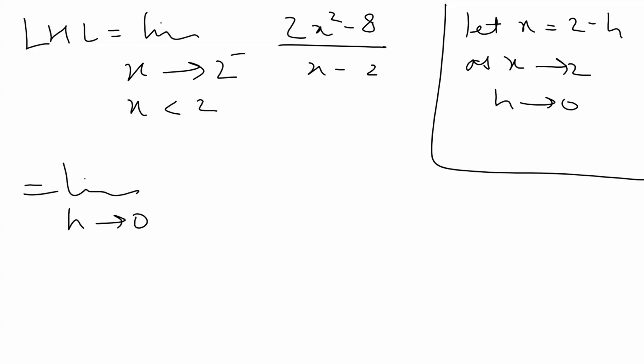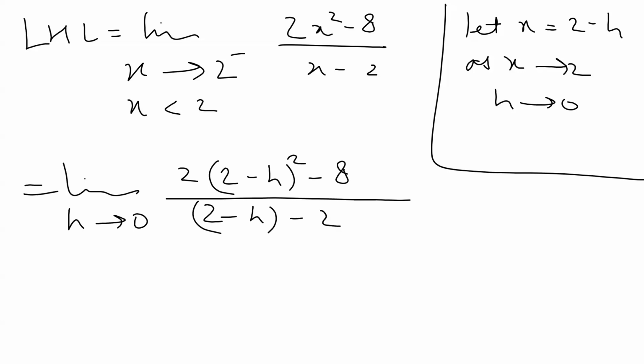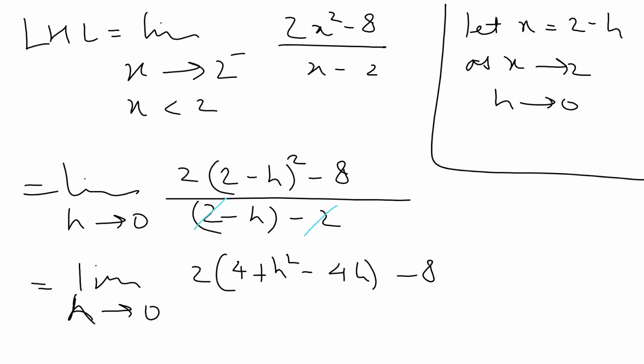So limit h approaching 0, 2 into (2 minus h) the whole square minus 8 upon (2 minus h minus 2). Okay, so this 2 and this 2 is gone. Limit h approaching 0, 2 into (4 plus h square minus 4h) minus 8 upon minus h. Down it is minus h.